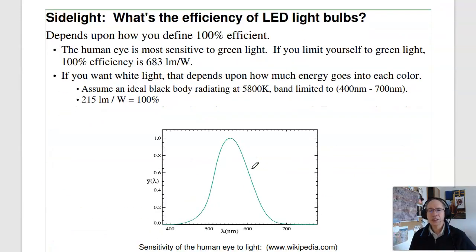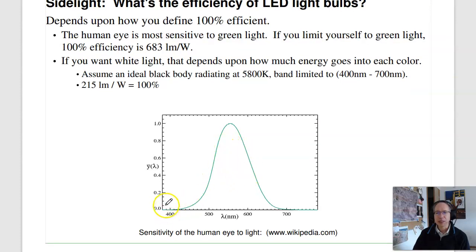Now, one question you might wonder is how efficient are LEDs? Well, that's actually a really hard question to answer. It depends upon how you define the word 100%. The human eye is sensitive to different colors of light, and the sensitivity varies with the color. For example, this comes from Wikipedia. This is the wavelength.